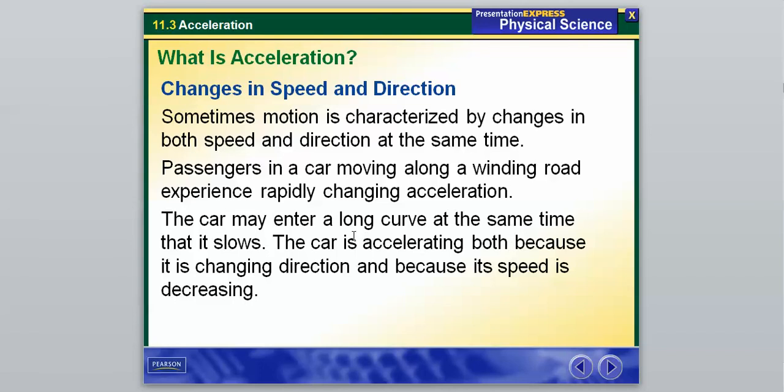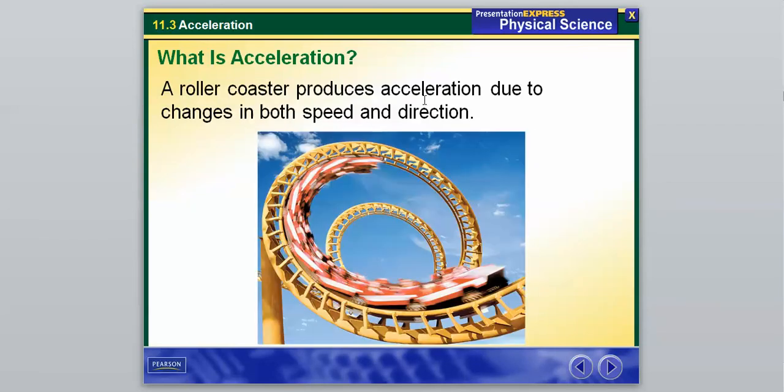So the car is accelerating both because it is changing direction and because its speed is decreasing. With these last couple slides, I'm trying to drive home the point that acceleration is not just based off of speed. It is based off of direction as well. And a roller coaster is a good example because you're changing both speed and direction.